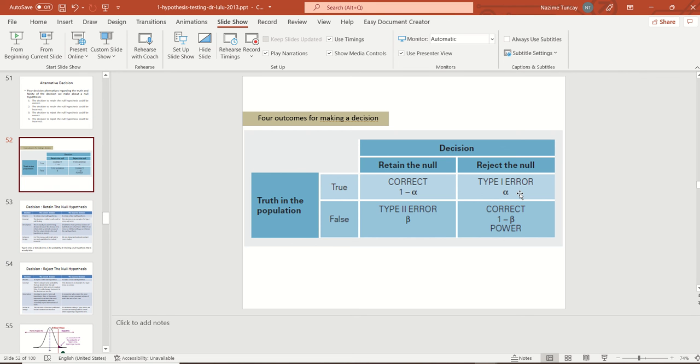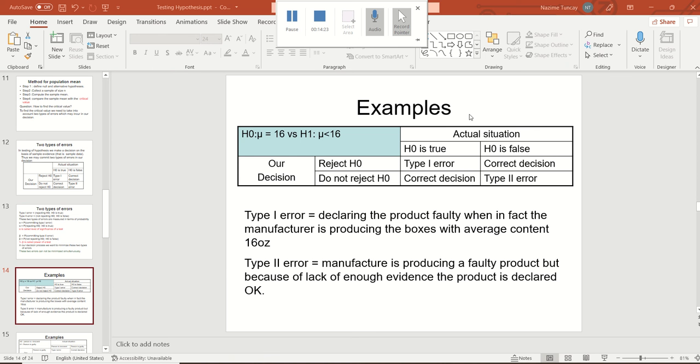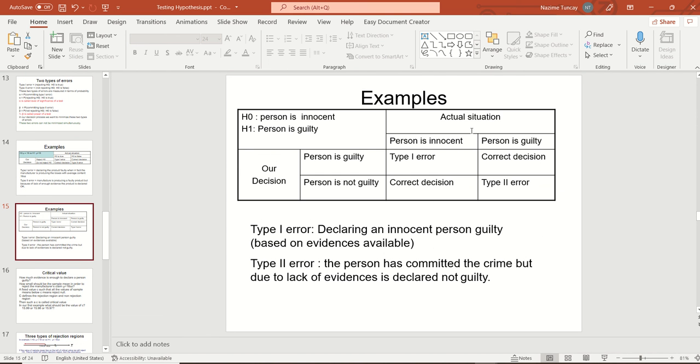So these are some errors that you can see in papers. You can see this situation here. If H0 is true and we reject it, it's type 1 error. If H0 is false and we don't reject it, this is type 2 error. And we have some examples here.